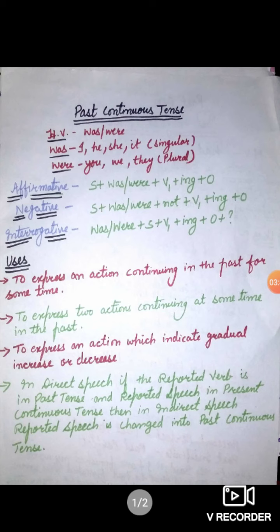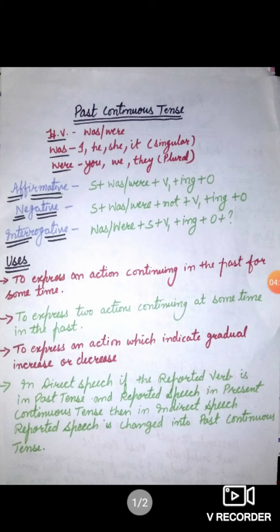Thereafter, it is used to express an action which indicates gradual increase or decrease. As we can say, he was becoming poorer and poorer, he was becoming weaker and weaker, she was becoming more and more beautiful, it was getting darker and darker.